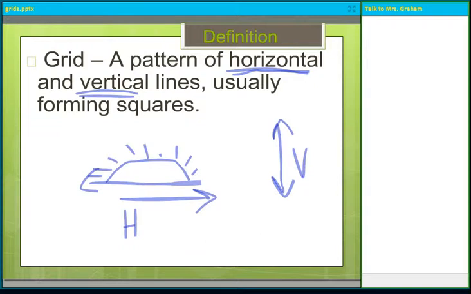Alright, so vertical is all up and down. Horizontal is from left to right.